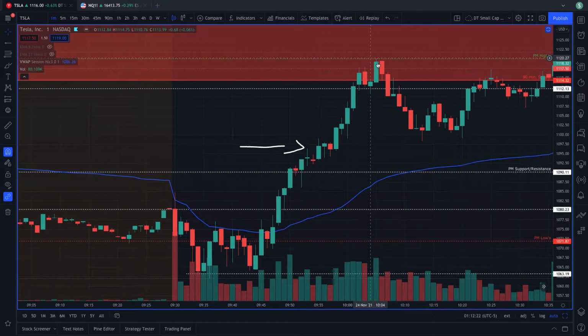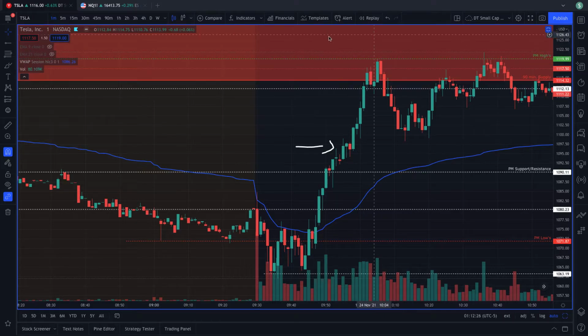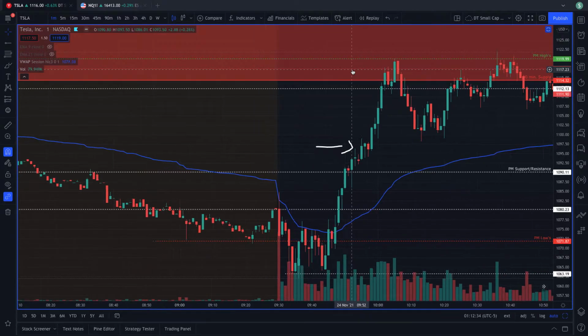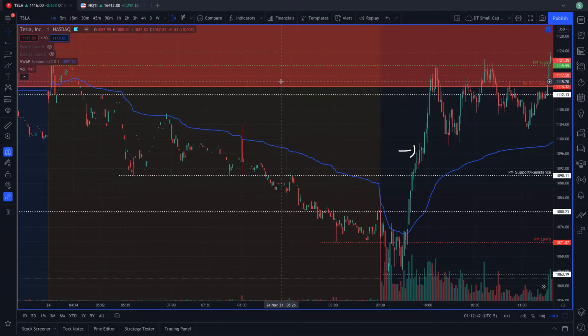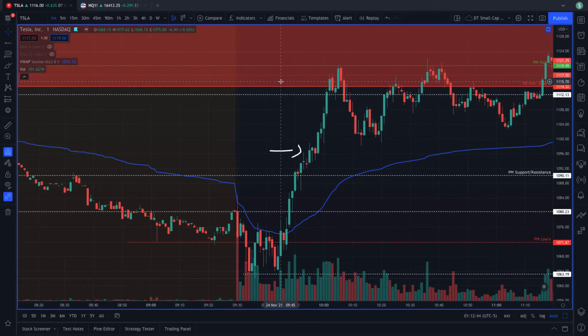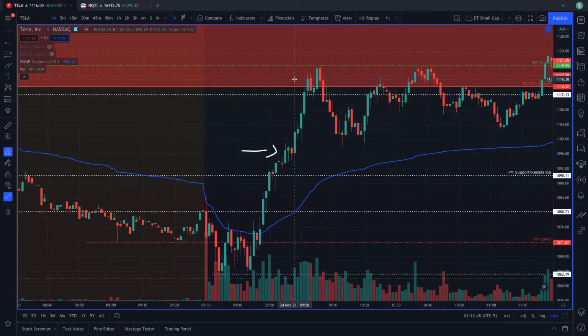Now, notice here, we are not only in a supply zone where institutions probably have orders there to sell Tesla, and look what we have here. We have pre-market high, which can act as very strong resistance. So I've got two confirmations here. I've got not only the supply zone, and I've got pre-market high resistance.